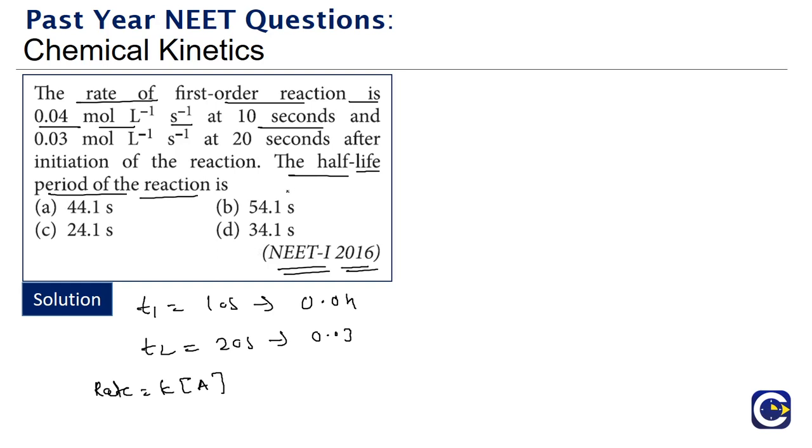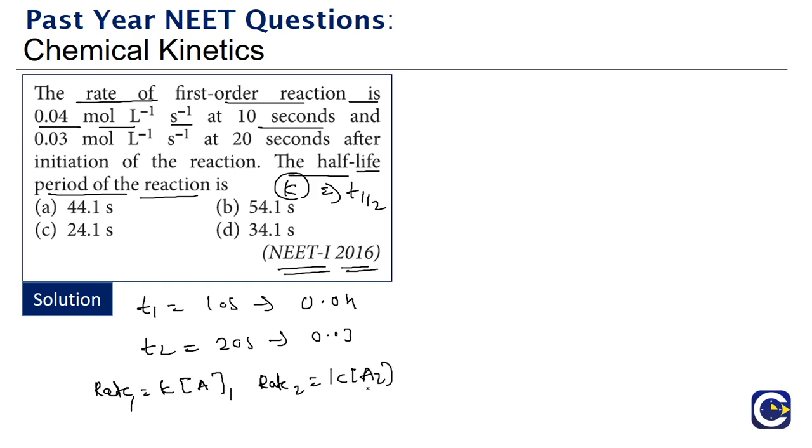How we can find the half-life is, from the integrated rate expression we can find the value of K, and once we get the value of K we can find the T half, because T half will be 0.693 by K. So if you look at it here, rate at T1 will be equal to K into A1, and rate at T2, we call it rate 2, will be equal to K into A2.